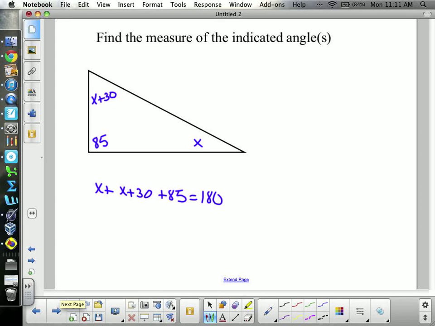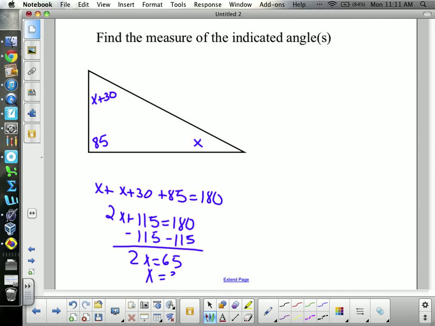Got to put all three angles together to get to 180, right? So 2x plus 115 is 180. We got to do the algebra. Minus 115 and then divide by 2. So 2x is 65, so x is 32.5. And so it's 32.5 and 62.5 for the angles.